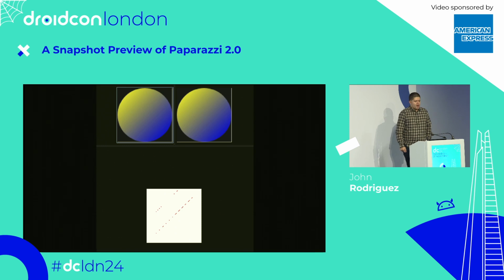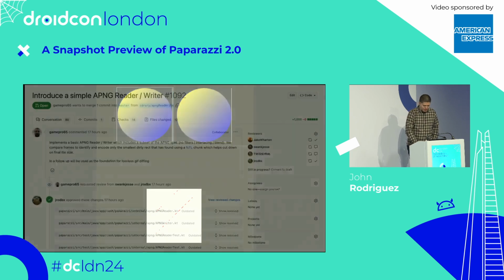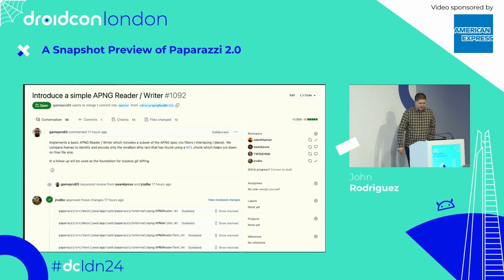For now, I hackily realized that the RGB components of those pixels are off by 1 or 2, so you might have seen that Paparazzi went from pixel perfect diffing to off by 2 diffing, and that's what we're shipping in 1.3.5, but it's not the end all. That's a short-term workaround. Do not be scared. Please upgrade. It's still good, but we're going to try to do something better for the following release to make those comparisons a little better. All right, let me try to speed through this.